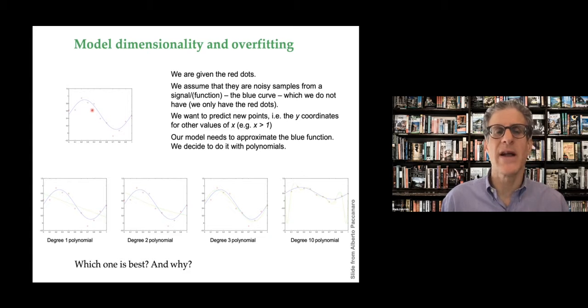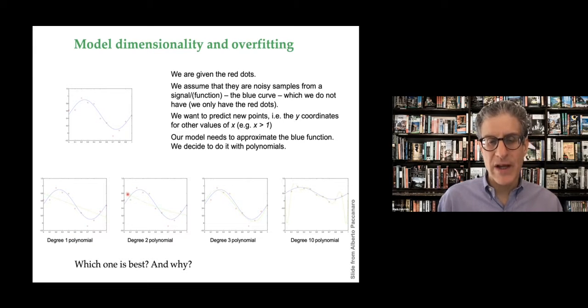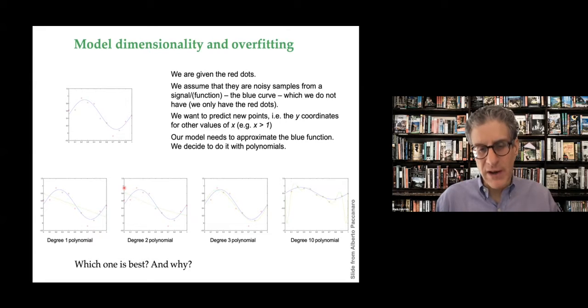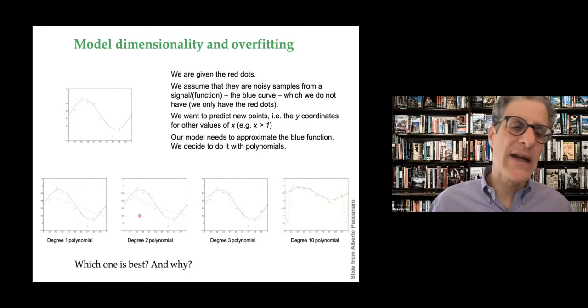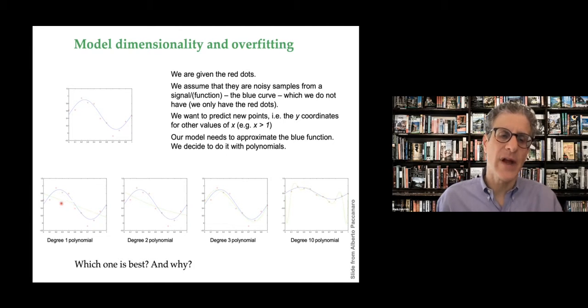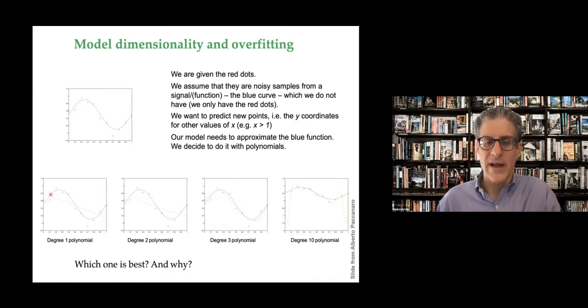We can pick progressively more complicated curves. We could pick a 1-degree polynomial, which is a line, then a 2-degree polynomial, which has a little bit of curve, then a 3-degree polynomial, and then 4-degree, 5-degree, and so forth. As we make our model progressively more complicated, we can fit the curve better.